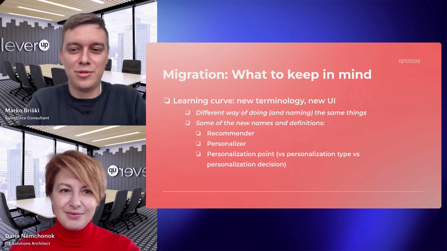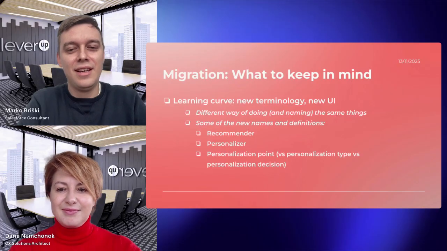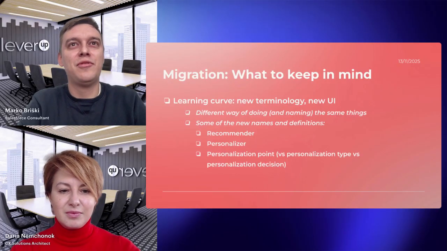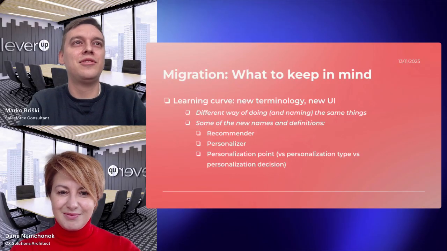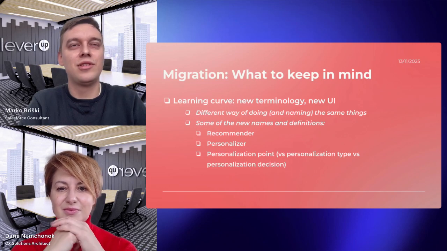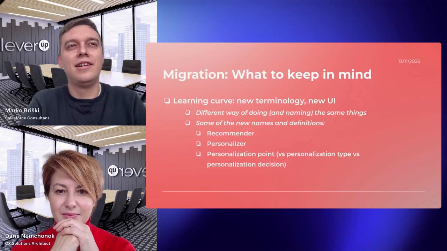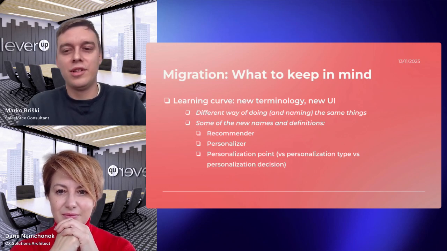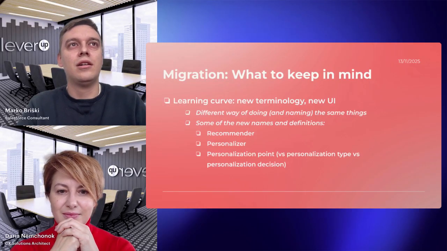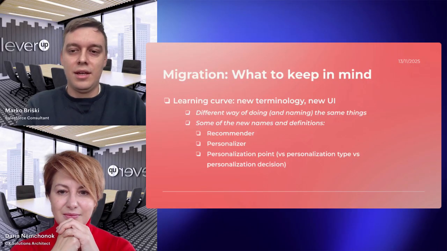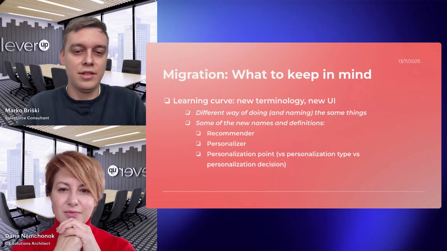Okay. So to start off with the recommender, a recommender is a type of personalizer that's using machine learning processes to get the latest recommendation for products and items that you can show to the customers on your web page. So that would be similar to something like Einstein in the Marketing Cloud Personalization.